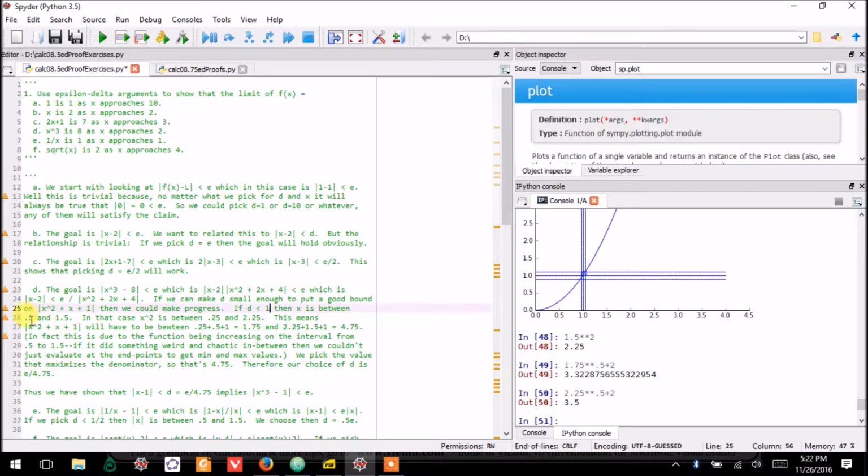Now, this would imply that x is somewhere between 7 and 9. And in that case, x squared would have to be somewhere between 49 and 81.